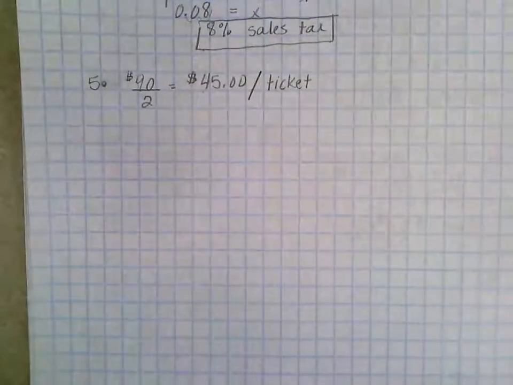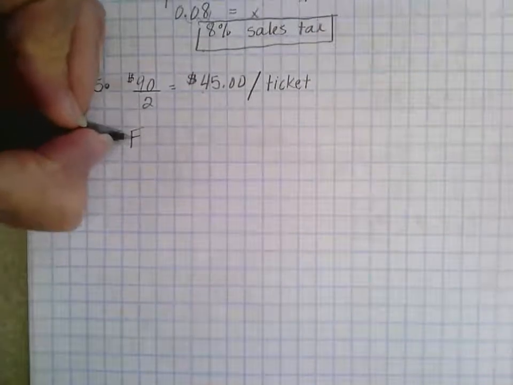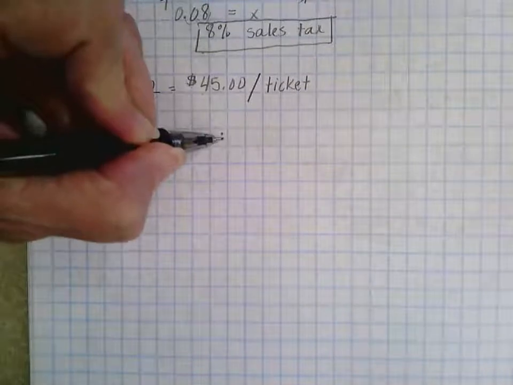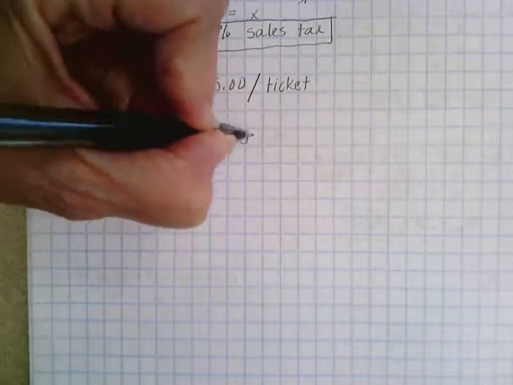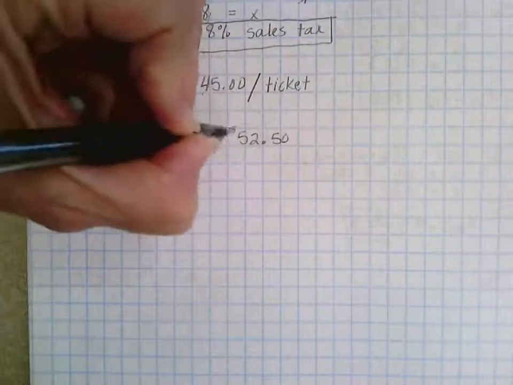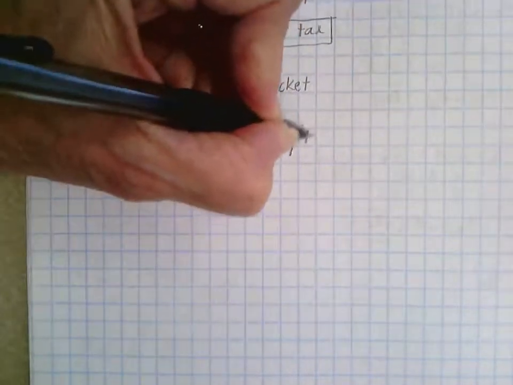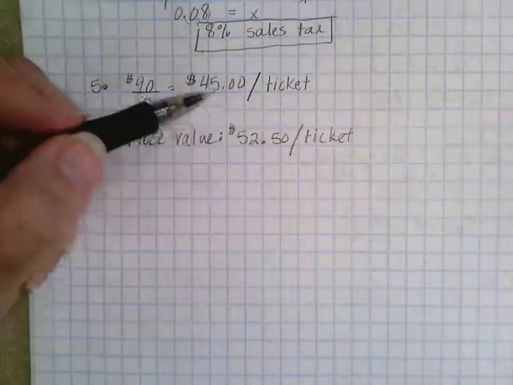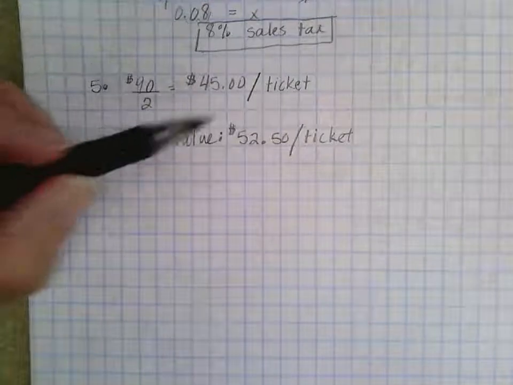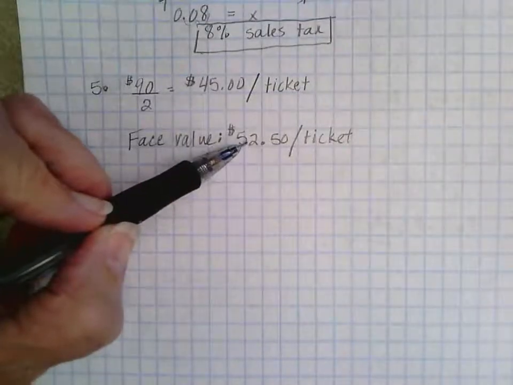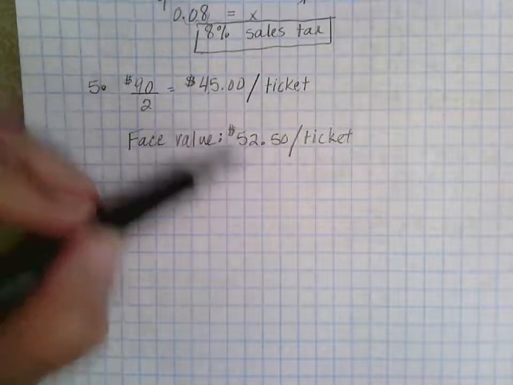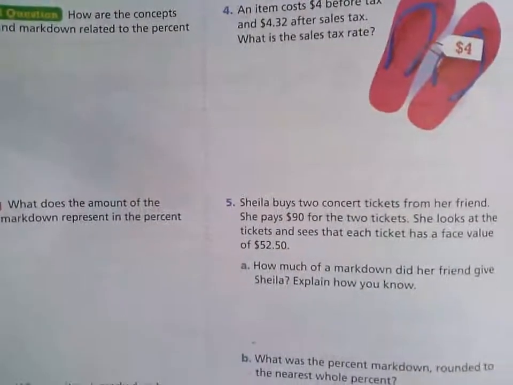When she looks at the face value, or the original cost that her friend had to pay for those tickets, she says that each ticket actually cost her friend $52.50 per ticket. So the question is, how much of a markdown did Sheila's friend give Sheila when she said, I'll give these to you for $45 a ticket?